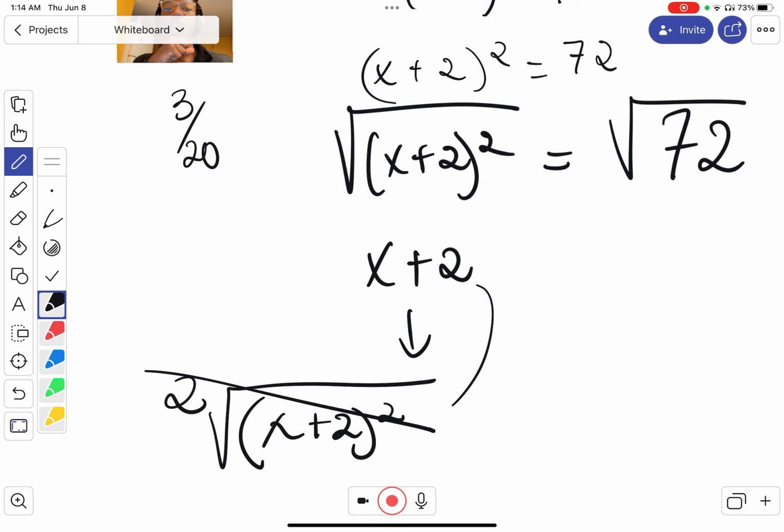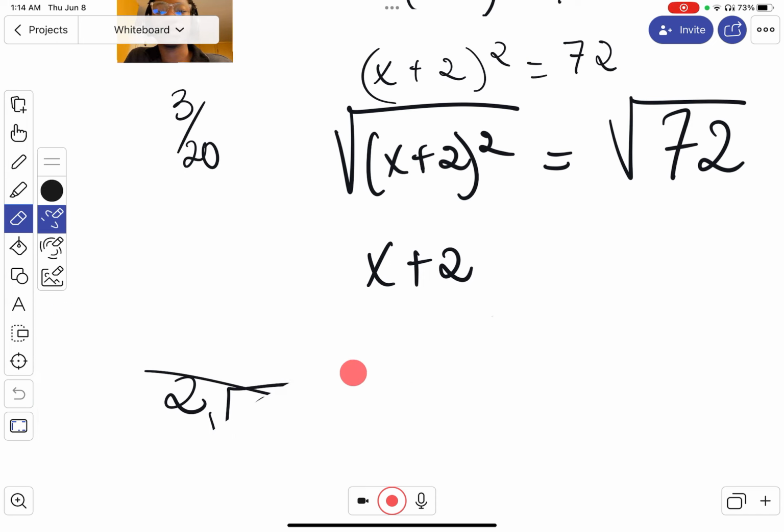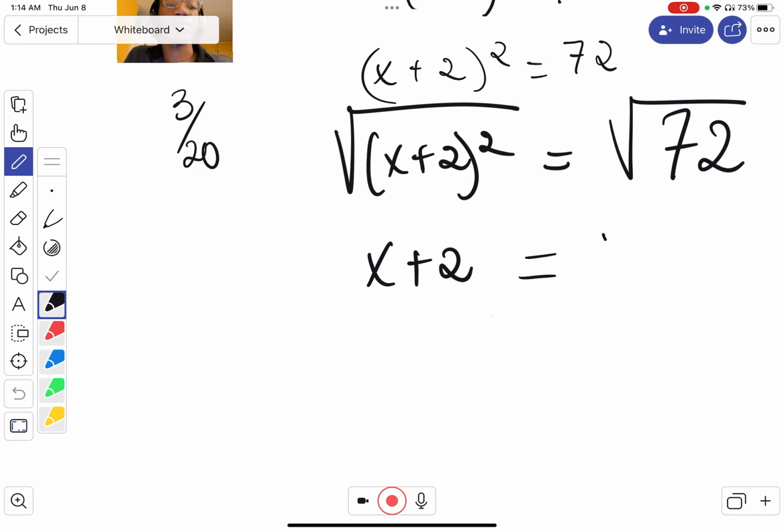So that's why you end up with x + 2, equal to the square root of 72.